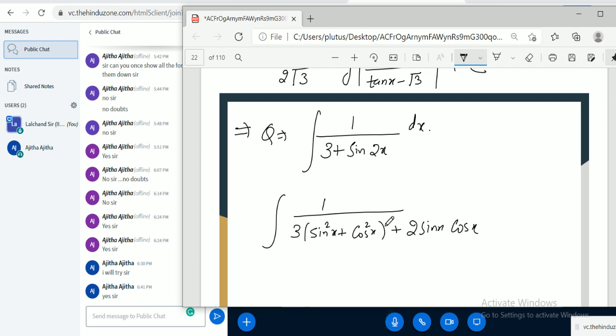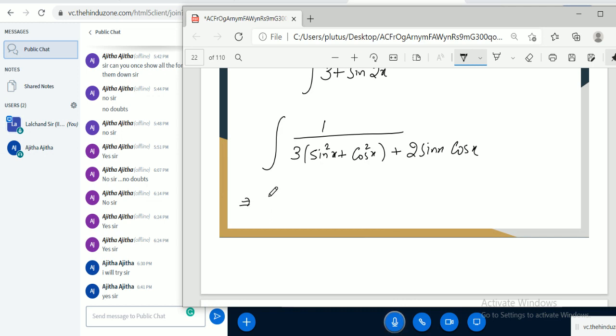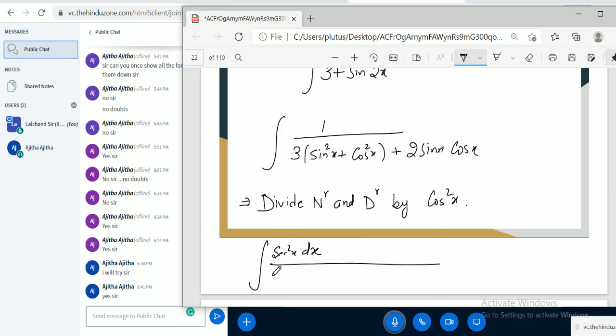Now if we divide numerator and denominator by cos square x, then we have sec square x in the numerator, and what will be in the denominator? 3 times tan square x plus 1, and here we have 2 tan x, isn't it?